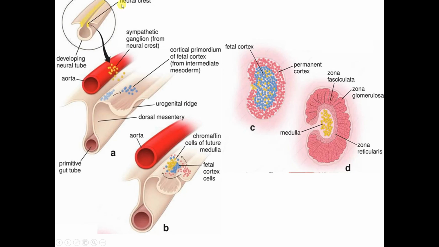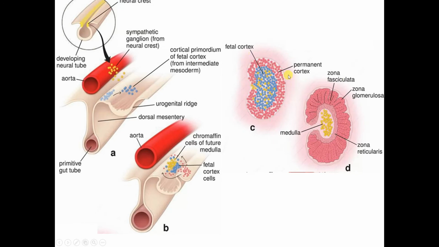From another source, the neural crest, the folding neural tube, these neural crest cells also settle nearby, and fetal cortex cells get surrounded by mesodermic cells, and their redistribution causes this picture.